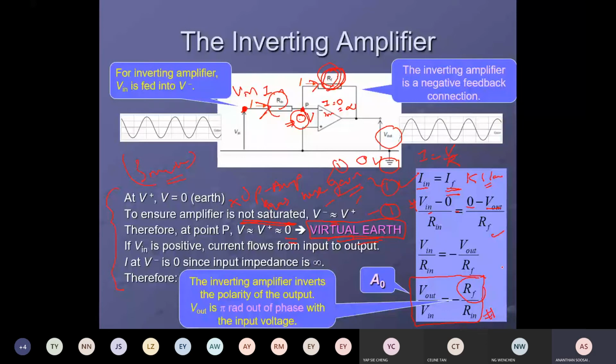Okay, so in the electronics world, now we have a big relief. The big relief is that the gain can be controlled by us. Humans can control the gain of the operational amplifier just by manipulating the resistance. You manipulate the resistance, you can get whatever gain you like.